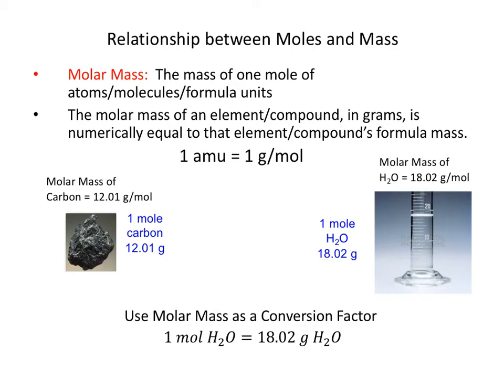So we would say the molar mass of carbon is 12.01 grams per mole, and the molar mass of water is 18.02 grams per mole. And so molar mass, again, is most conveniently used as a conversion factor. If I have 1 mole of water, that will weigh 18.02 grams. So this will allow me to convert between moles and mass for any substance.